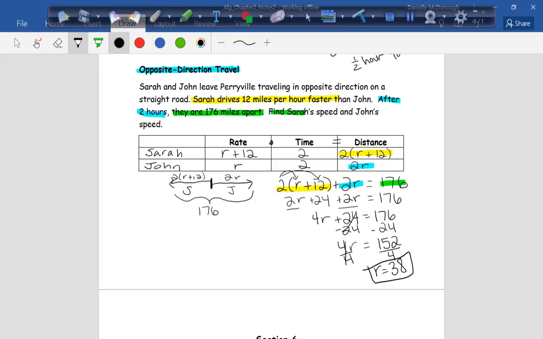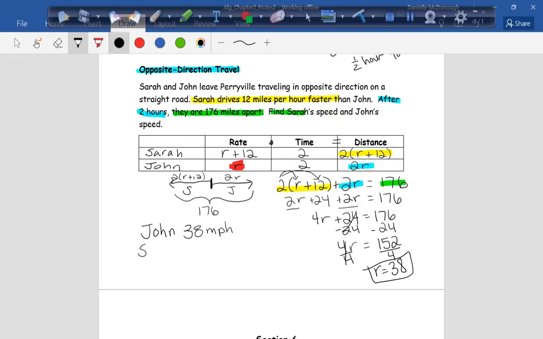So again, we need to figure out what does that mean. If I go back up here, my R is right here. So what that R means is John's speed, John's rate. So John was going 38 miles per hour.